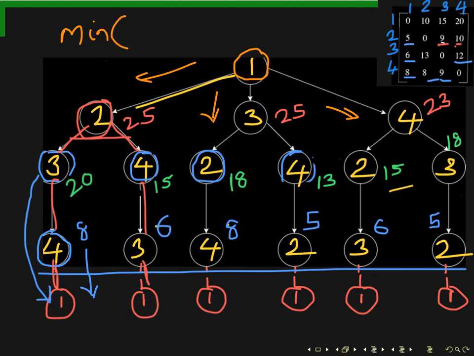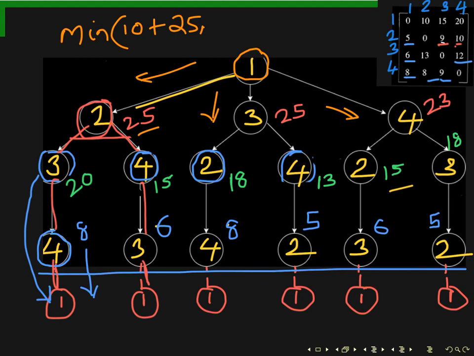So the distance from 1 to 2 is going to be 10. So 10 plus, we are already aware of the cost at 2, which is 25. That is 10 plus 25, comma. We want to calculate the cost of the path via 3 now.